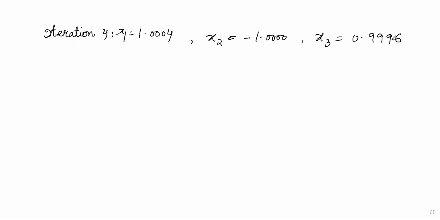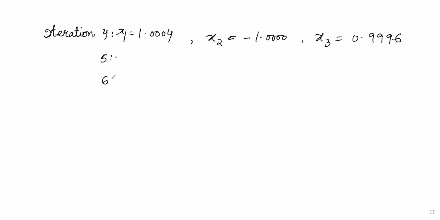In iteration 4, the value of x1 will be 1.0004, the value of x2 will come out equal to minus 1.0000, and the value of x3 will come out equal to 0.9996. With these values of x1, x2, and x3, we'll begin our iteration 5.